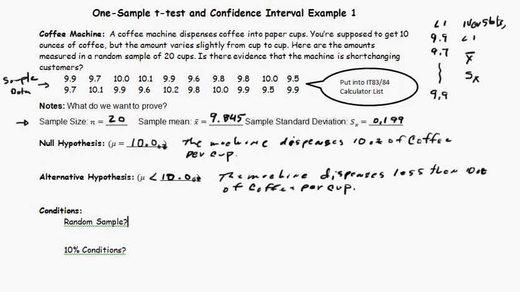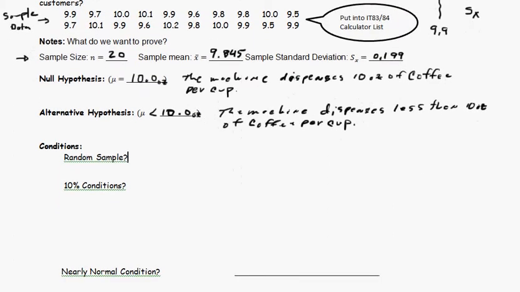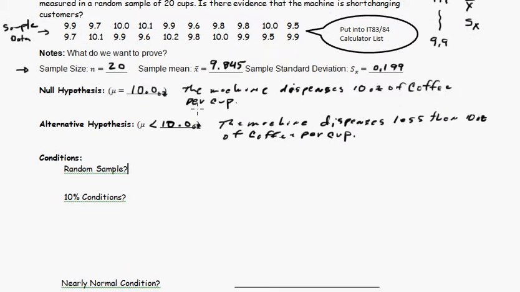Okay, so before we can just use the normal model, we have to check these conditions. So a random sample, so yes, we have a random sample of 20. Okay, so our sample size is 20.